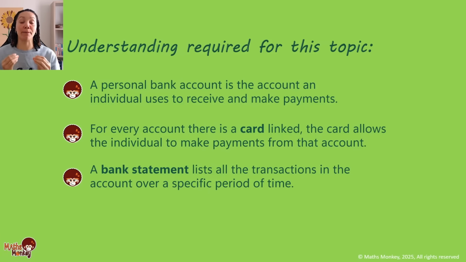You'll get a bank statement from the bank, and the bank statement ultimately lists all the transactions that take place in the account over a specific time. The bank statement is telling you what money is coming into the account and what money is going out. That's all that can happen in a bank account and in a bank statement: there's either money coming in or money going out.